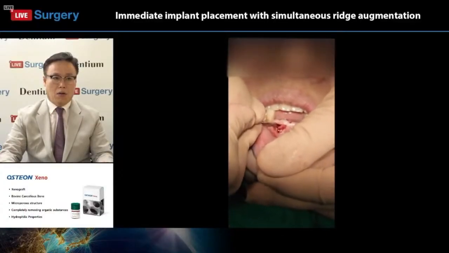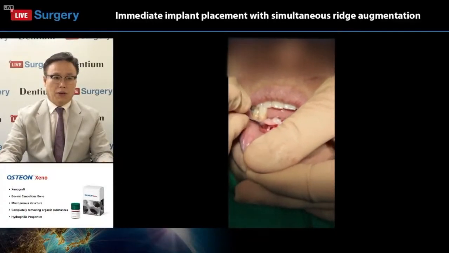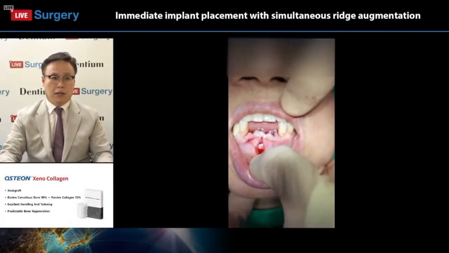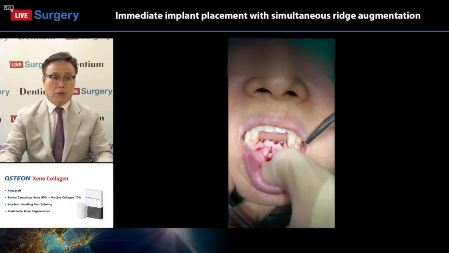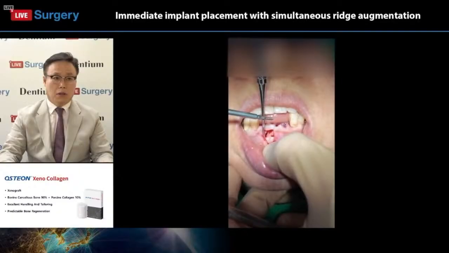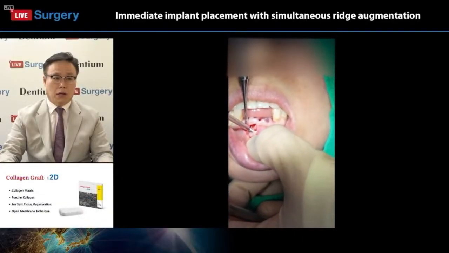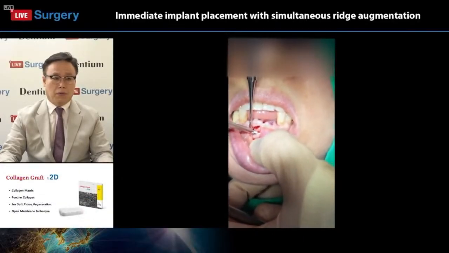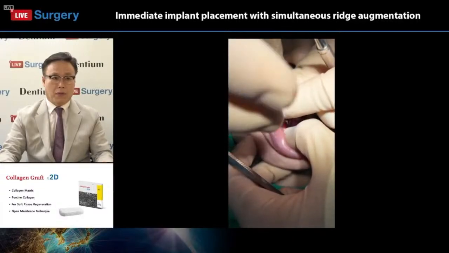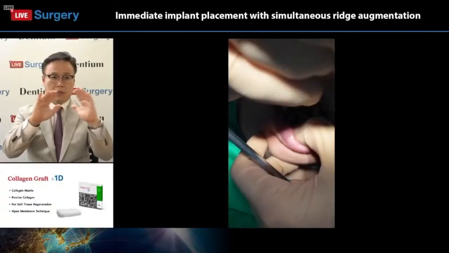So now we are finishing evaluating the inside, and I was thinking we have to do the bone graft to cover the dehiscence defect.